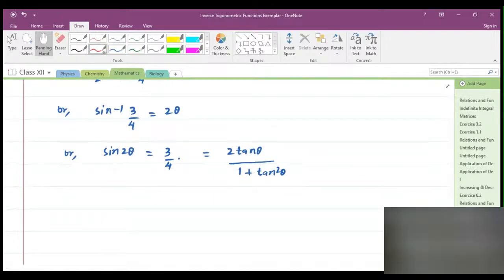So your next step will be, after the cross multiplication, we get here 3 plus 3 tan square theta equal to 8 tan theta.